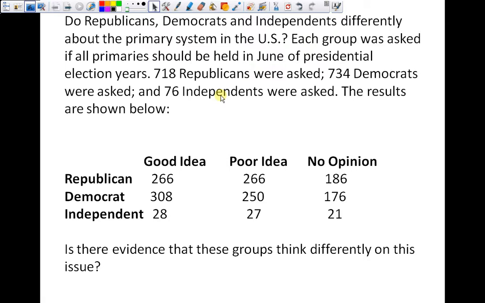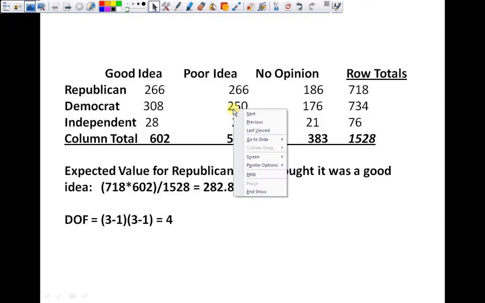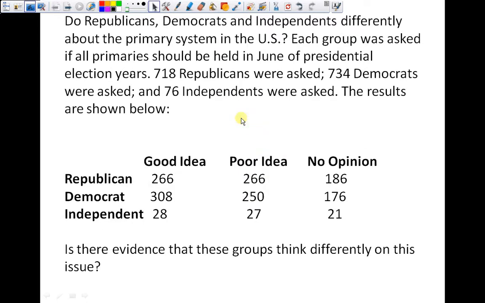Okay. However, if you look at, let's see, we have 1,528 subjects, or participants. So if the problem said something like we took a random sample of 1,528 participants, and we asked them basically 2 questions: are you Republican, Democrat, Independent?